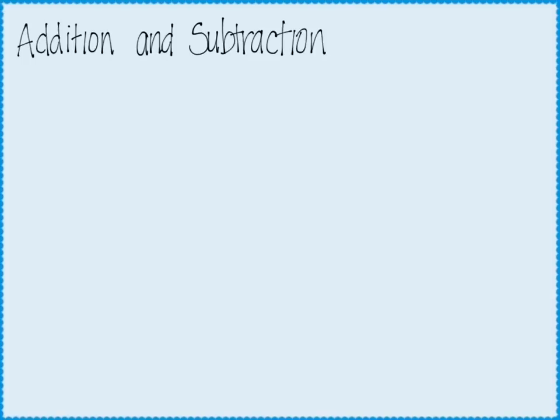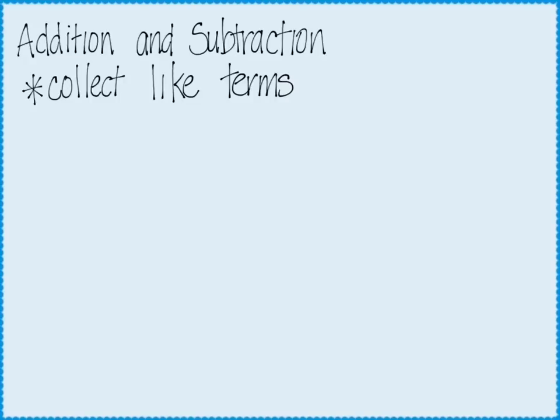Let's look at some operations we can do with these complex numbers. Realize that every single number we know, the ones we've discussed up to this point, can be written as a complex number a plus bi. So we're going to talk about how we add and subtract complex numbers.